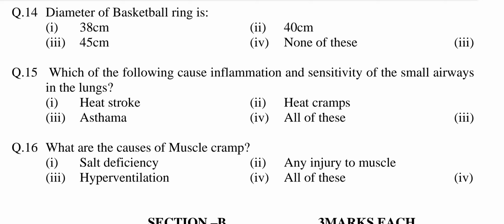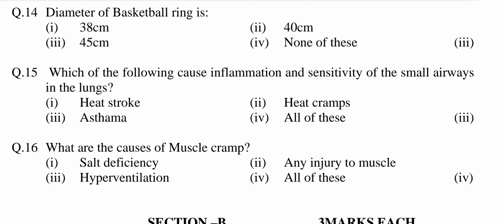Answer is option third, 45 centimeter. Question number 15. Which of the following cause inflammation and sensitivity of the small airways in the lungs? First, heat stroke; second, heat cramps; third, asthma; fourth, all of these. Answer is option third, asthma.